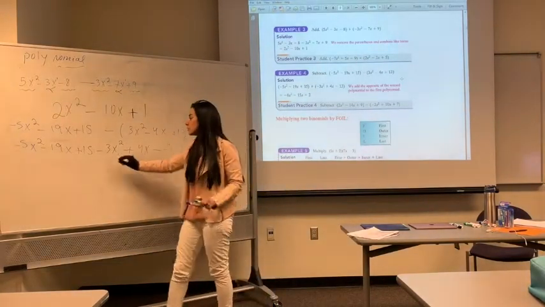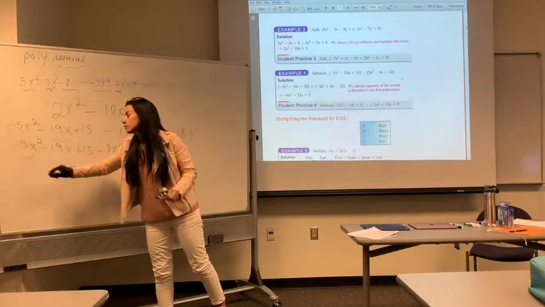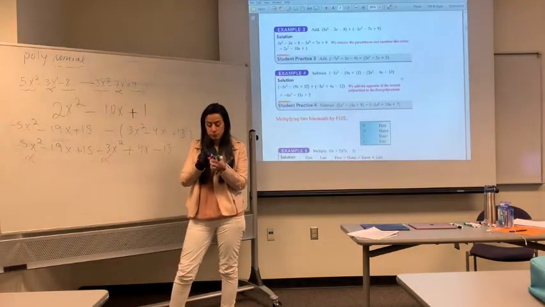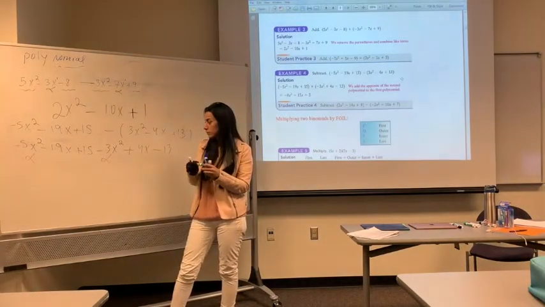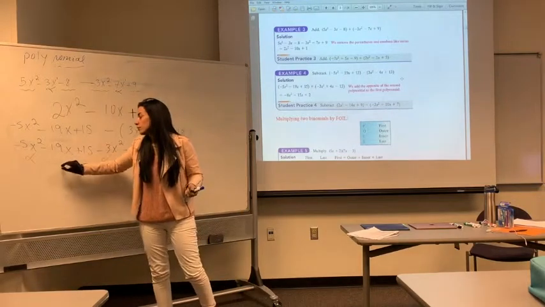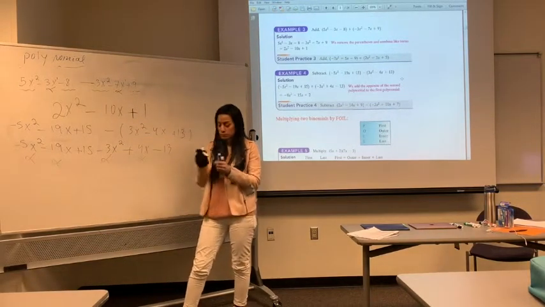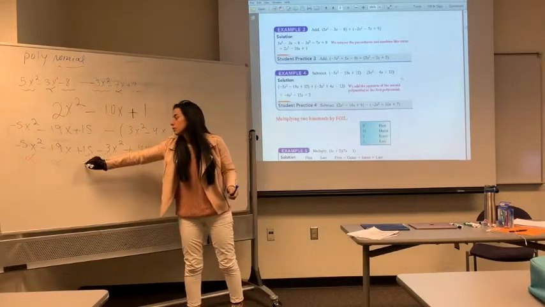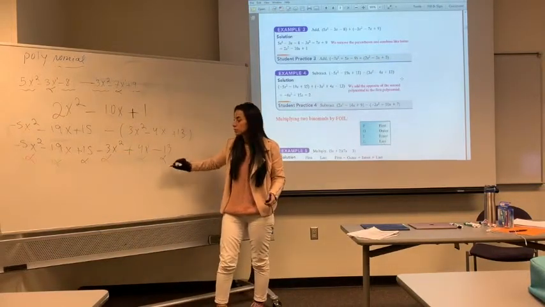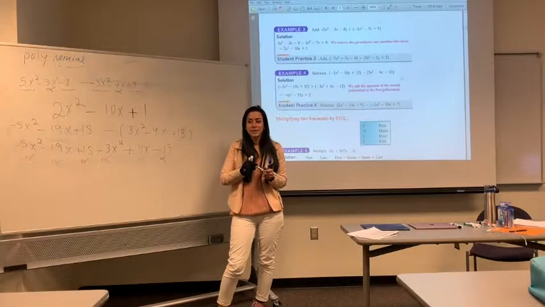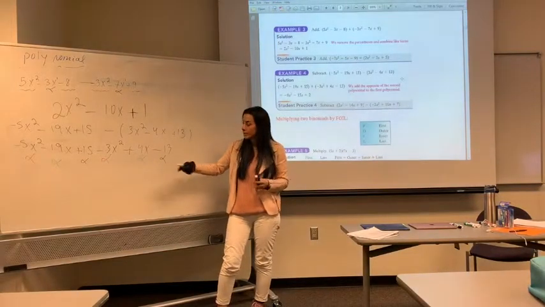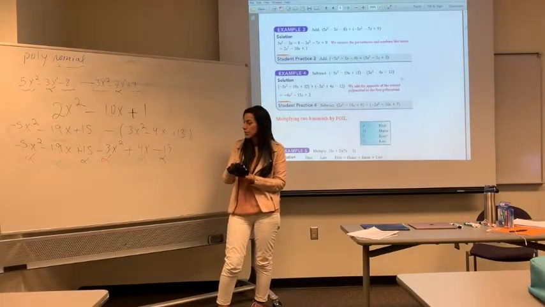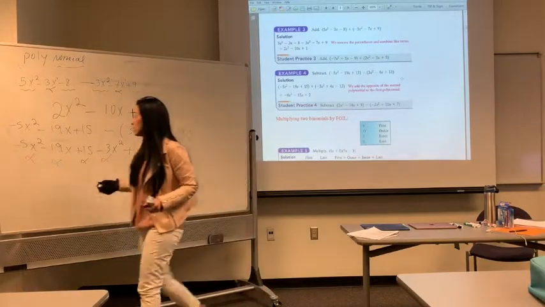And then like terms. Negative 5x squared and negative 3x squared are like terms. And negative 19x and 4x are like terms. Those have the same color, they are like terms. If you compare them, you will understand why.